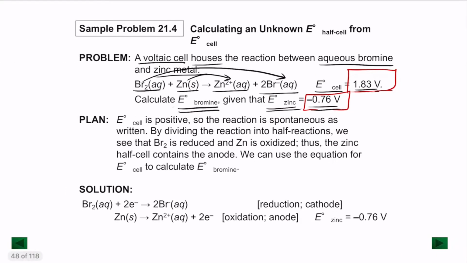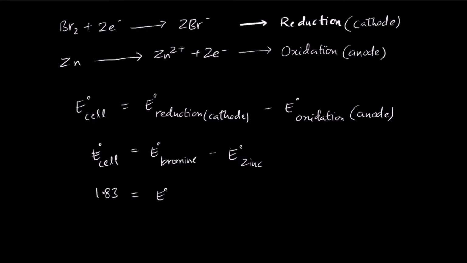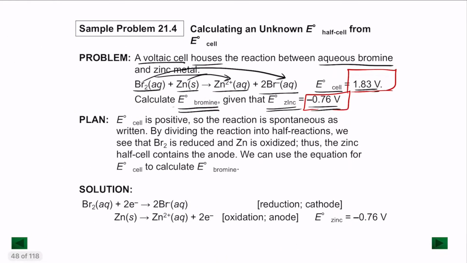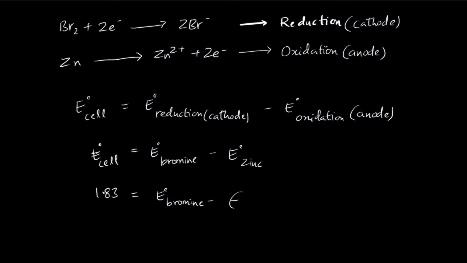equals E of bromine. We do not know that value, so let's keep it to the side. Minus E of zinc, which is negative 0.76.